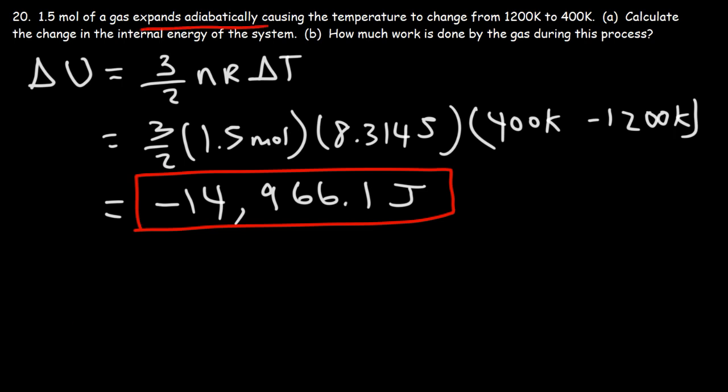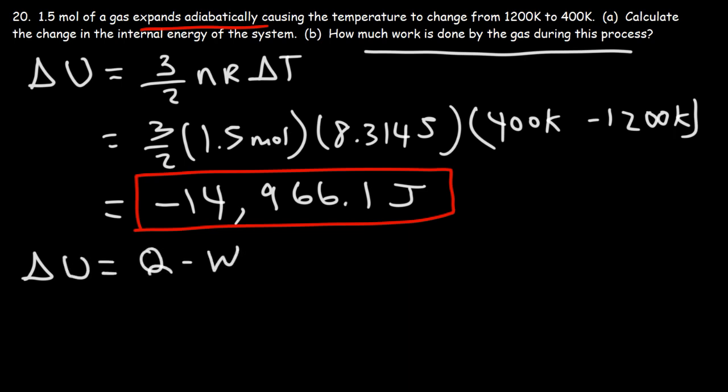Now what about part B? How much work is done by the gas during this process? We know that delta U is Q minus W, according to the first law of thermodynamics. Now, for an adiabatic process, what do we know? This is a process where no heat can be transferred into or out of the system.